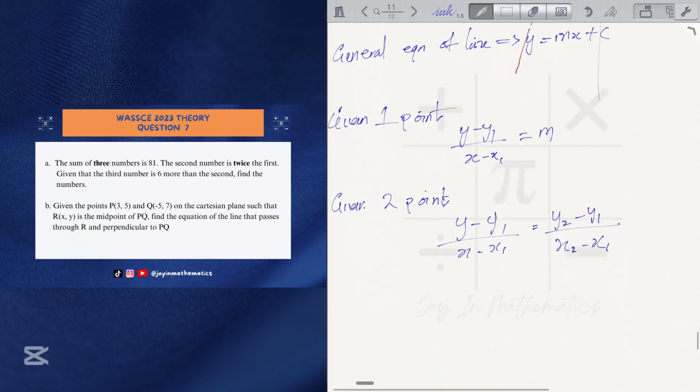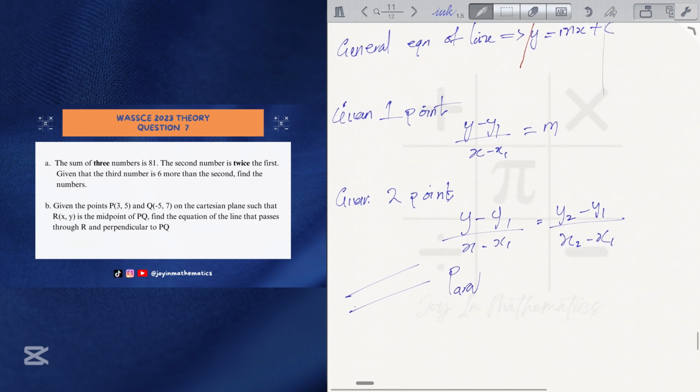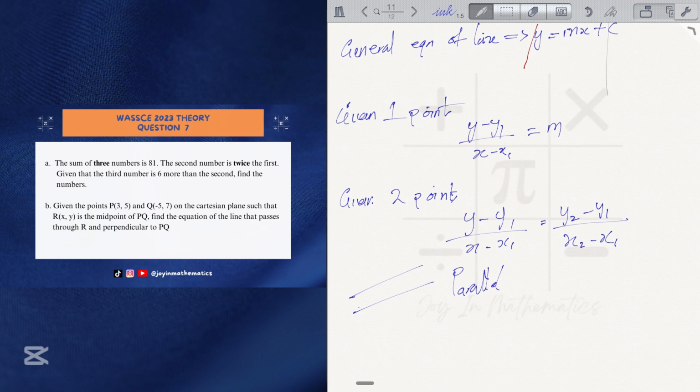Now there's one thing interesting about lines. When we have two lines that are parallel, we have parallel lines, this is 1 and this is 2. We are saying that the gradient of 1 is equal to the gradient of 2.